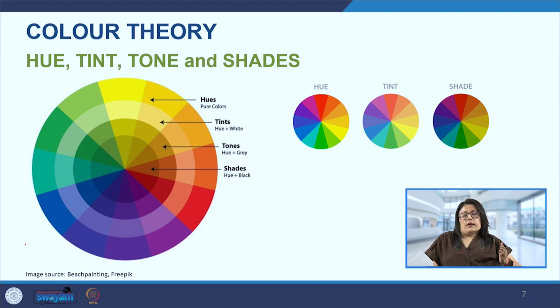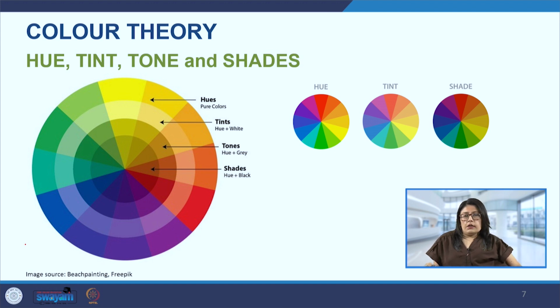On the other side, if I keep on adding a little bit of black to the pure hue, that gives me a shade, and then I add another bit of black to it, it gives me another shade of the pure hue red. If I keep on doing that, it will lead me to the color black.